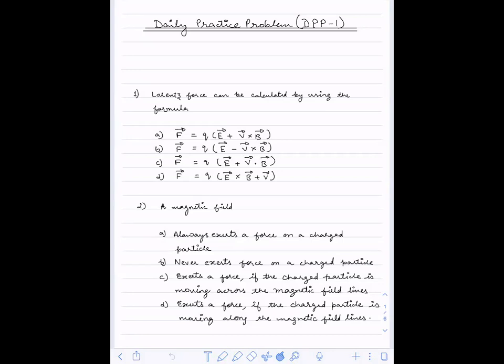So first I'll recommend that you take these questions. This is based on moving charges and magnetism. I guess there are 10 questions in this. Take this slide quickly.